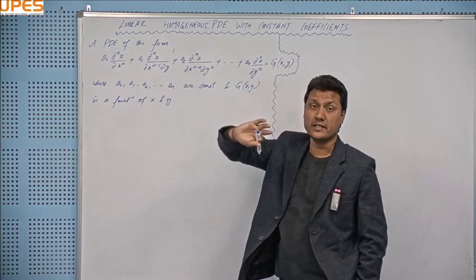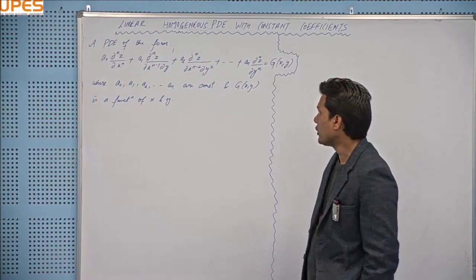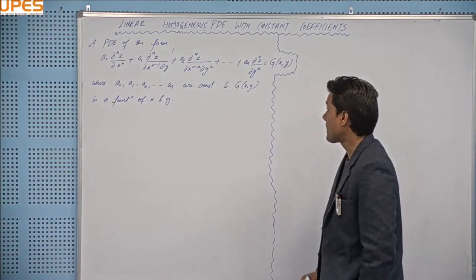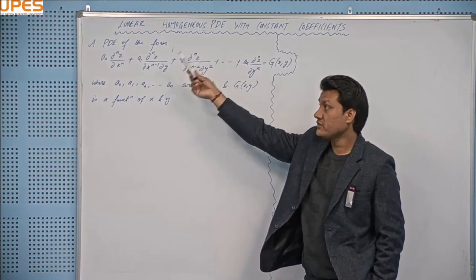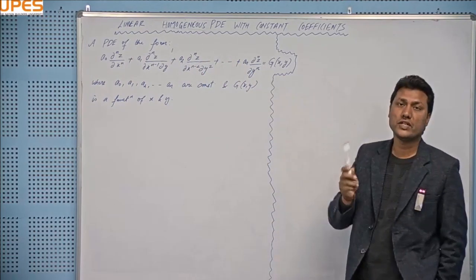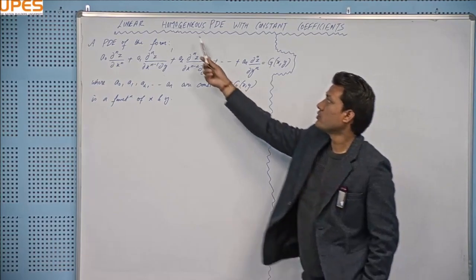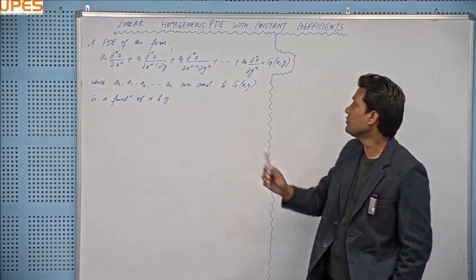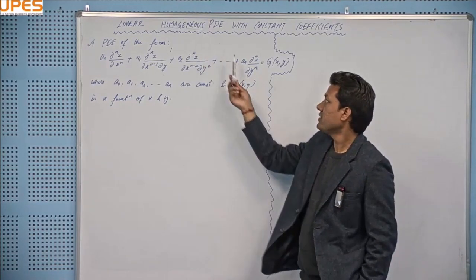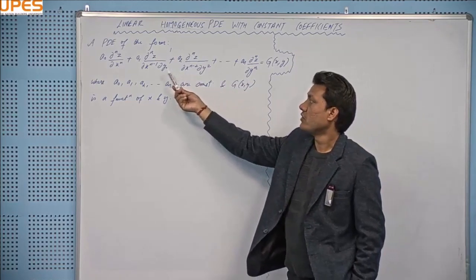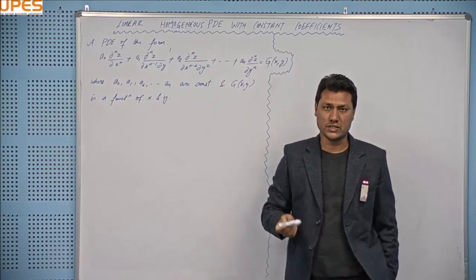This word is misleading, as you have studied in ODE in previous semesters, where homogeneous is used if the right hand side is 0. That is not the case here. Homogeneous or non-homogeneous has nothing to do with the right hand side. Make it very clear: homogeneous means every derivative is of the same order, nth order.